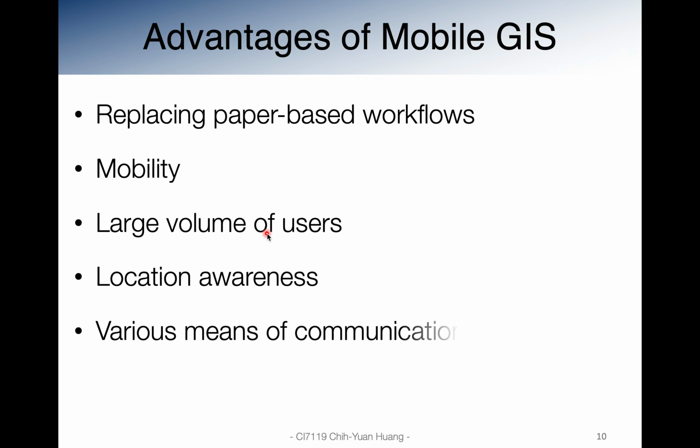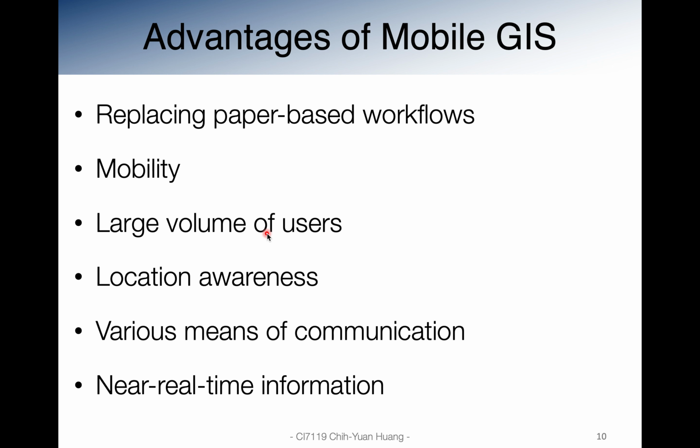And here are some advantages of mobile GIS. First of all, in the early age, mobile GIS was used for business-related applications, for example field surveying or land tenure surveying.